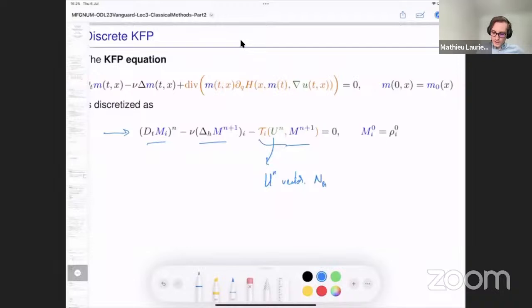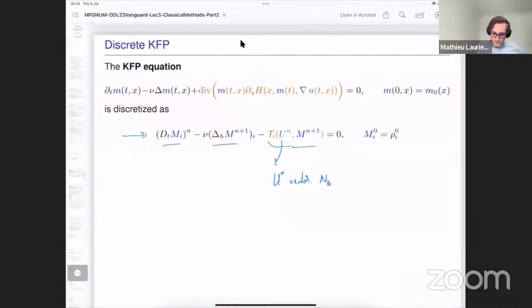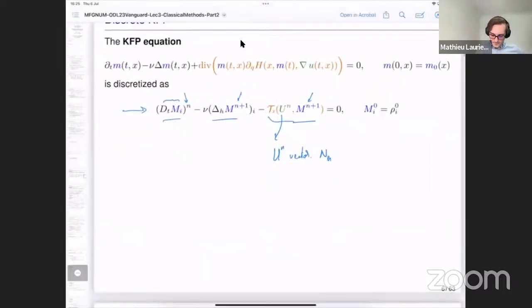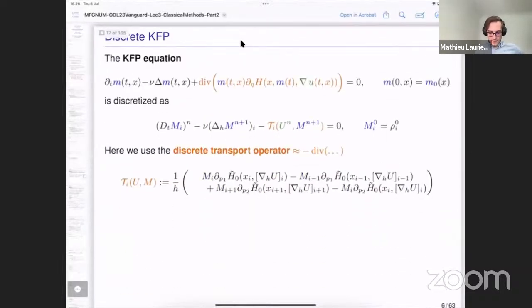So here I have NH dimensions, and same thing for Mn plus 1. By the way, you see that this is an implicit scheme in the sense that here I plug Mn plus 1, and Mn plus 1 is also present in this dt. So this is going to be an implicit scheme, implicit in time.